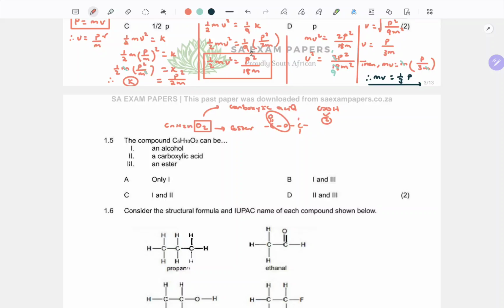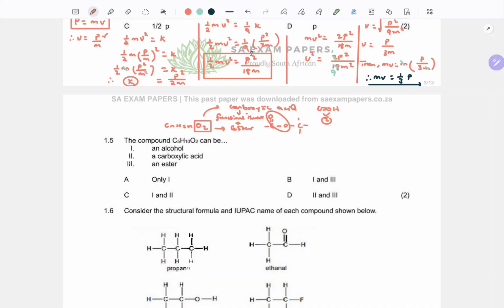So essentially, we know that once we see this kind of a formula, we're looking at 2 things. And the good thing is, these are what we call functional isomers. So there's a very good chance that we would be talking about this.